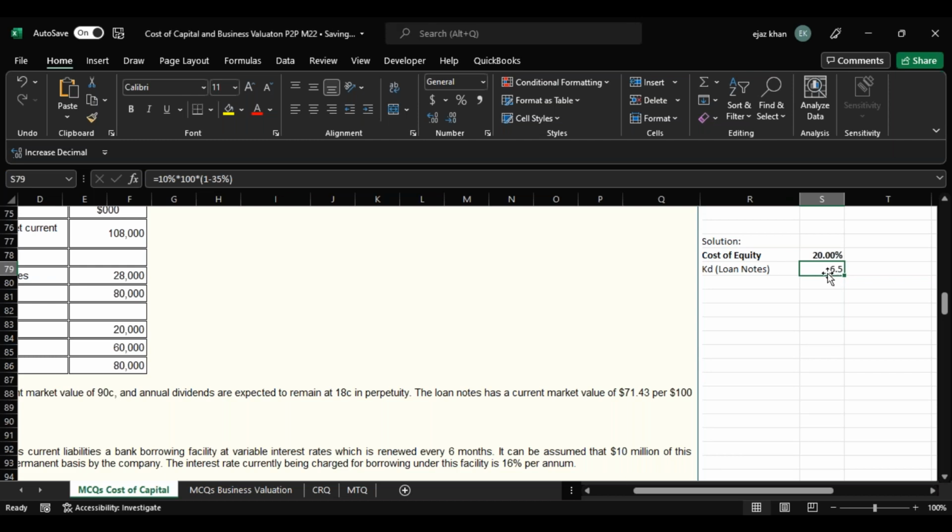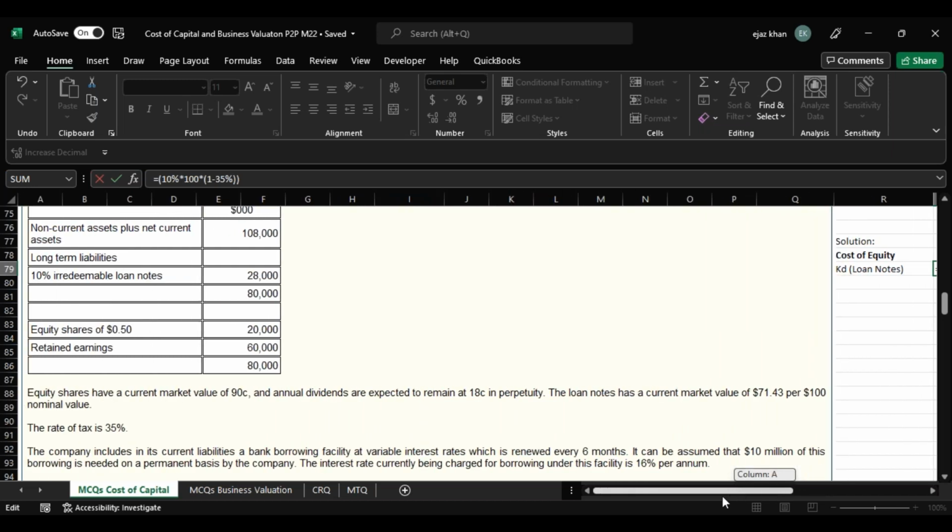That's $6.5, which means against $100 of loan note, this is the amount of interest that the investor will be getting after tax. Now we have to convert this into a percentage, that is, we want to find out the rate of return on investment. Now the value of this $100 bond or loan note is $71.43. So it means currently the investors are getting $6.5 against the investment of $71.43.